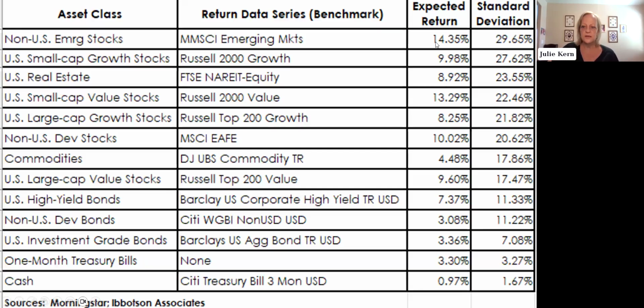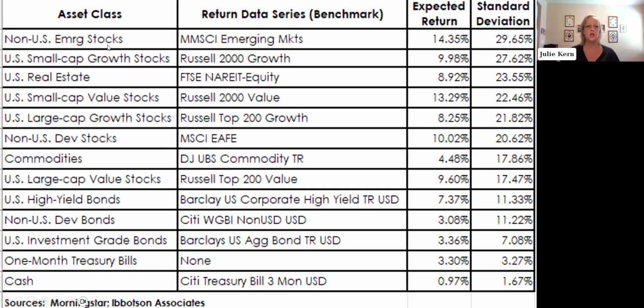So this column is the expected return, and then I have them sorted by standard deviation, which is the rightmost column. The most volatile thing in your portfolio is going to be non-US emerging stocks.